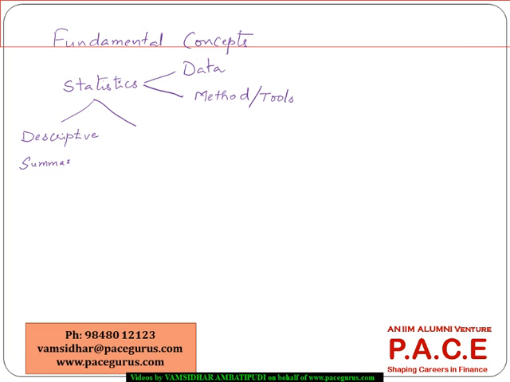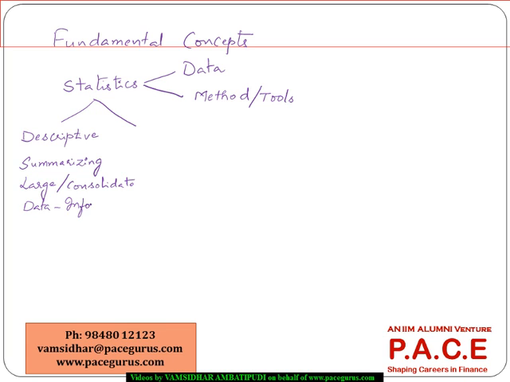So some kind of representation, some kind of graphing, charts, summarizing of the data, wherein even if I have large data, I can very well summarize or consolidate that data so that I can convert that data into useful information.